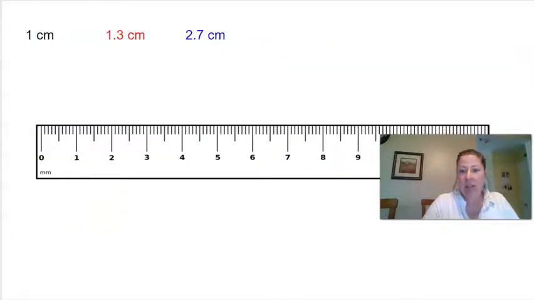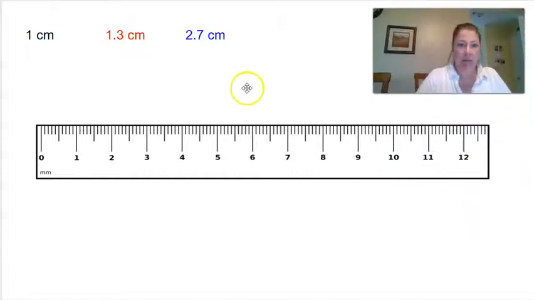So let's take a look at our centimeter ruler here. If I want to draw a line segment that is 1 centimeter, I would have to start at the 0, travel to the 1, and stop.